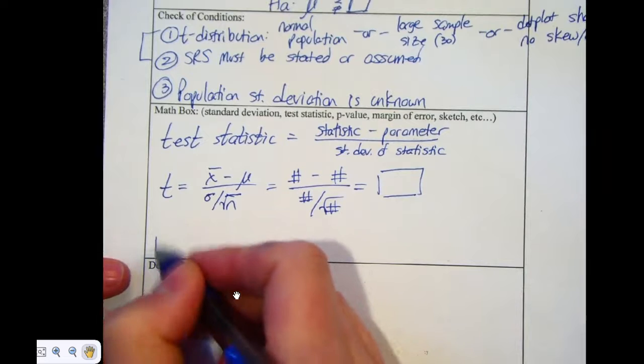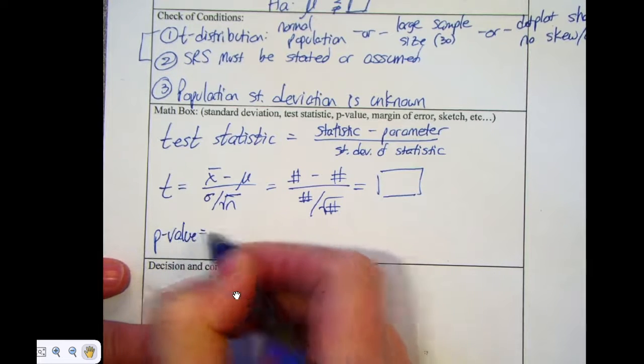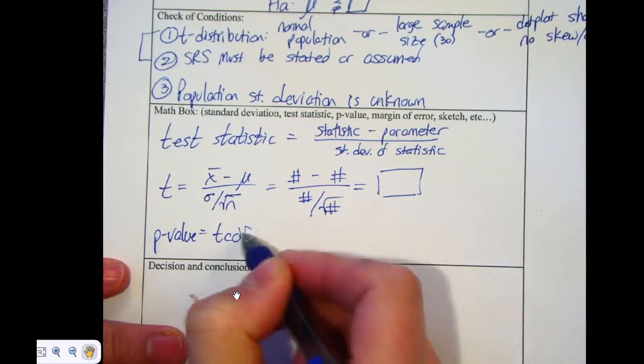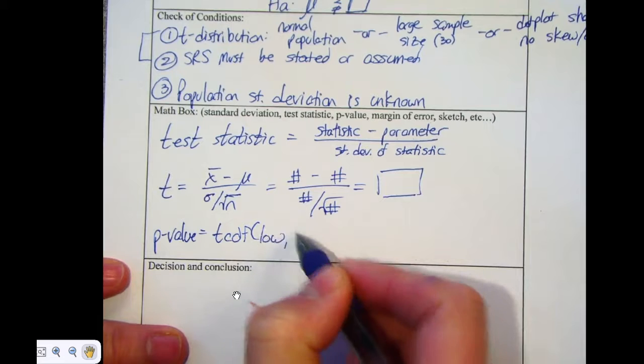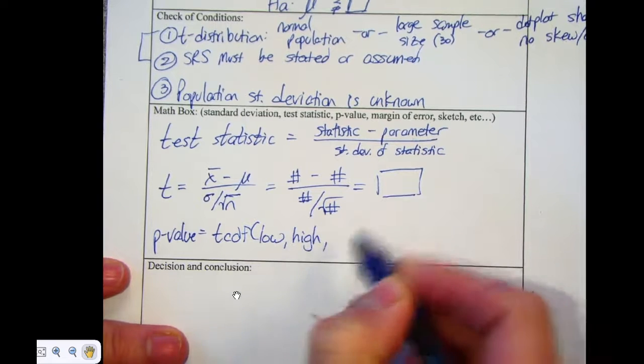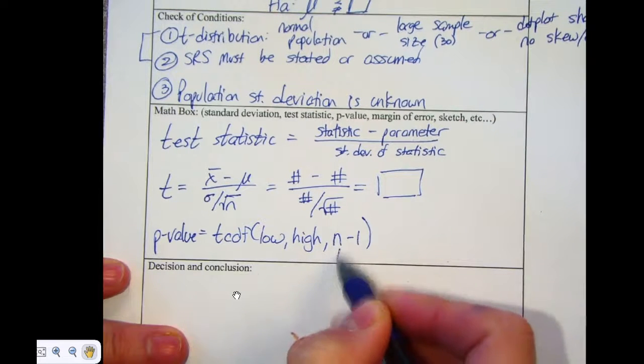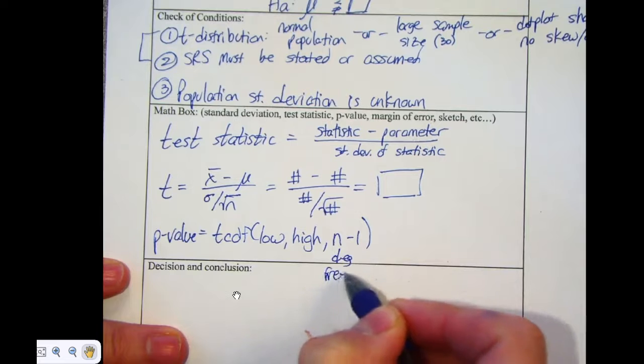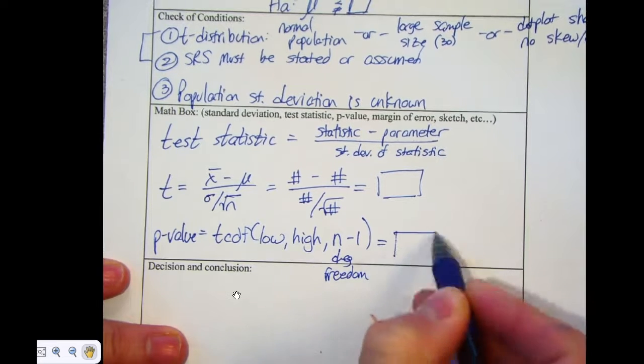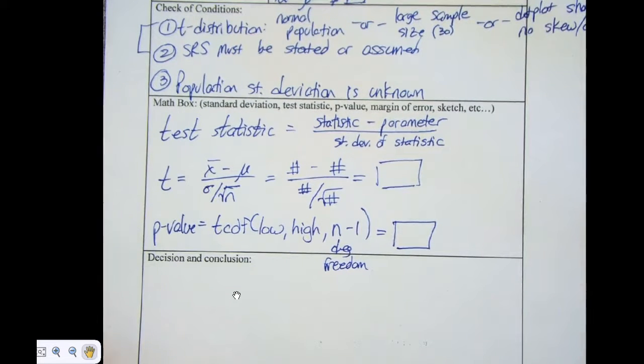The p-value will always equal tcdf from low to high, comma n minus 1, and you label that n minus 1 as degrees of freedom. And that gets you a p-value.